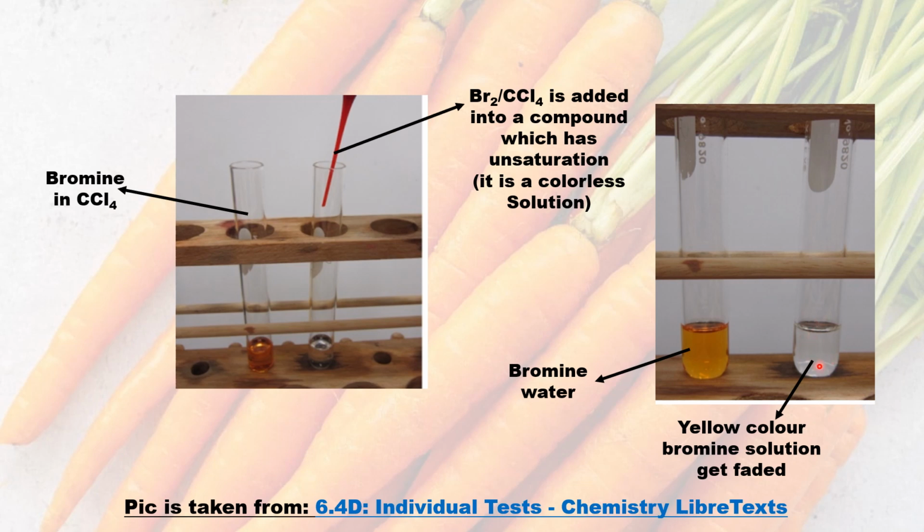It looks almost colorless or maybe faded yellow. This conversion from orange to almost colorless proves that this test tube contains a compound having unsaturation.